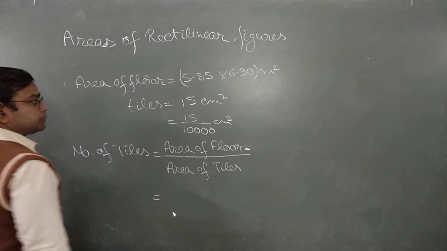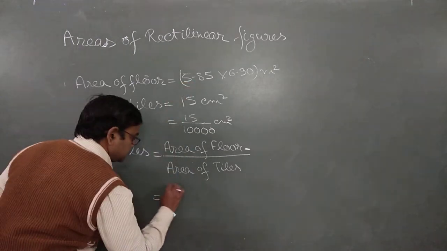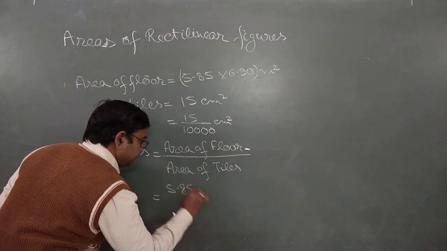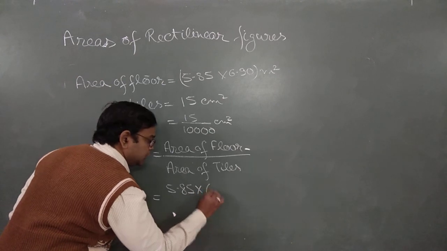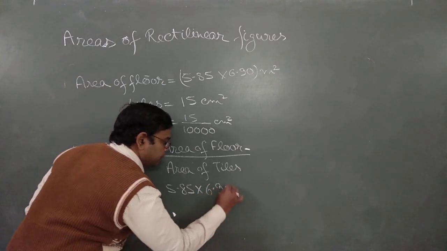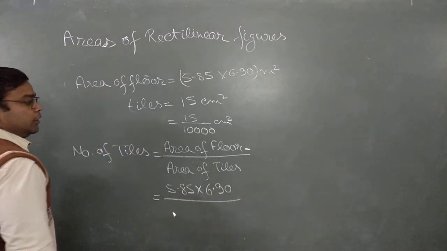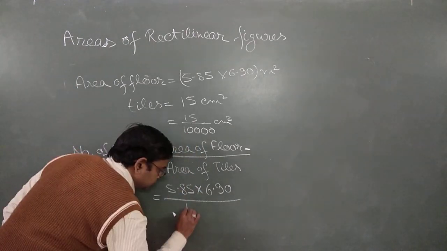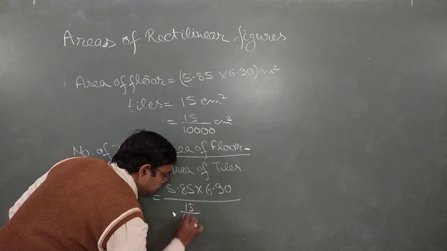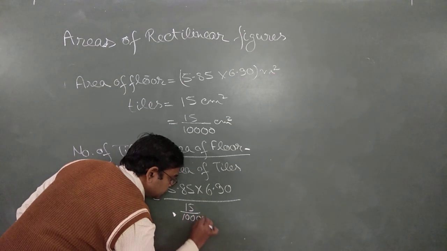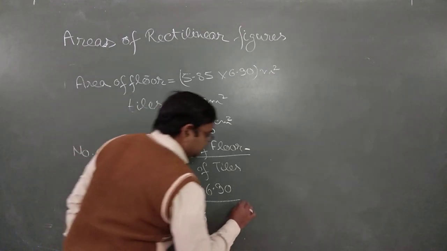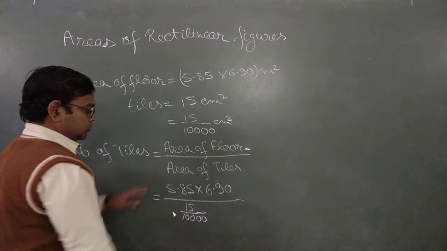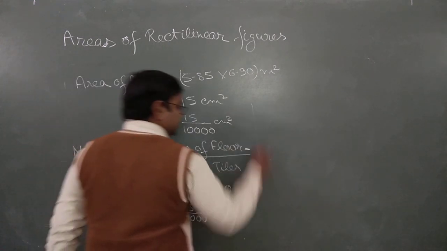It's this one, 5.85 into 6.90, divided by area of tiles, 15 upon 10,000. It is now a pure number, so there is no need to write the unit. Solve it this side.